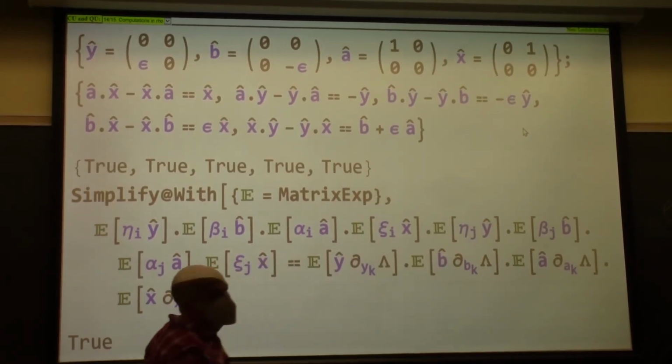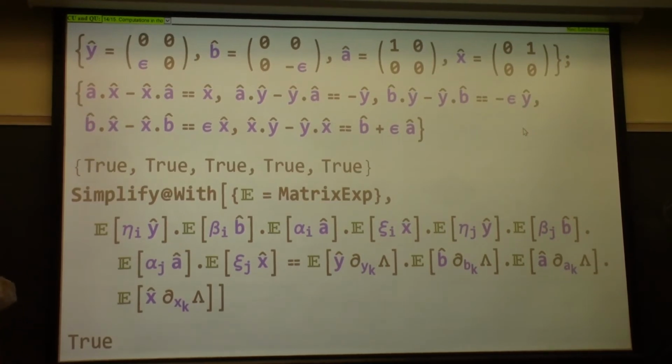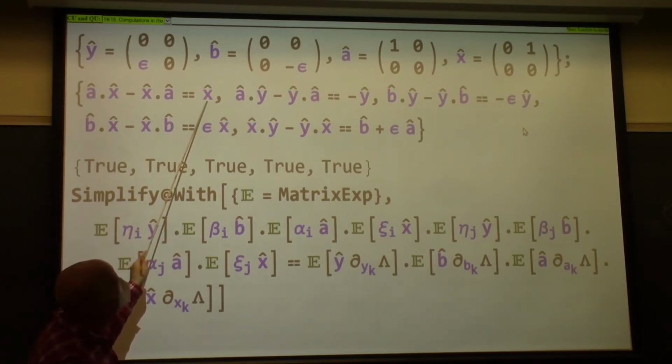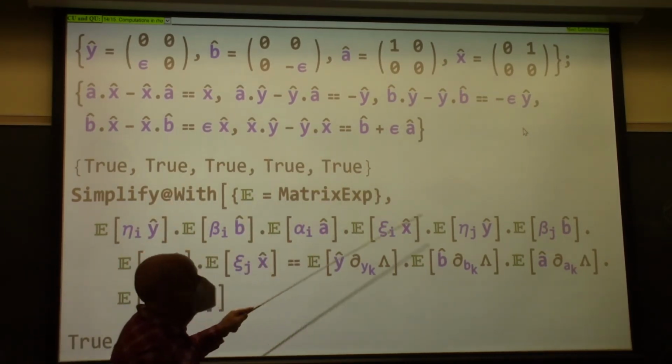Now I need to check that it's a representation, so I need to check the commutation relations. One of the commutation relations was that A bracket X is equal to X. So I need to check that A hat dot X hat minus X hat dot A hat, where dot means matrix multiplication, is equal to this matrix, and likewise for all other relations.